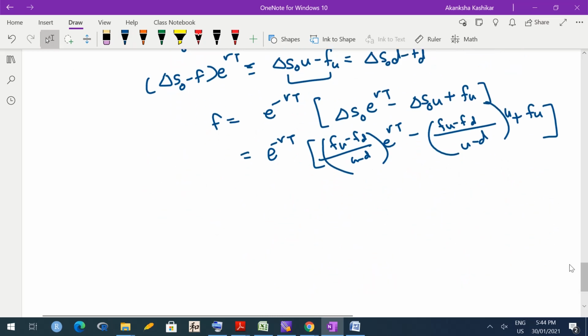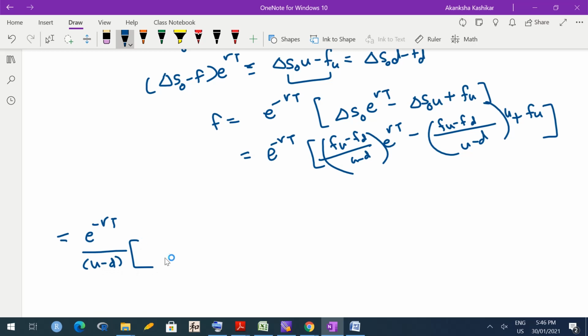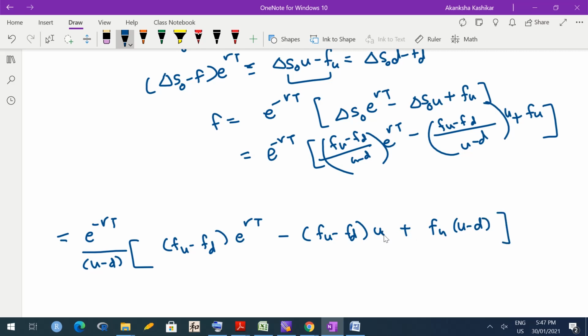If I try to simplify this further, let me rearrange the terms. I have e raised to minus RT. If I want to take U minus D common, then I will have to bring in U minus D in the third term. So I will have in brackets (FU minus FD) e raised to RT minus (FU minus FD) into U plus FU into (U minus D), because only then can I take it outside.